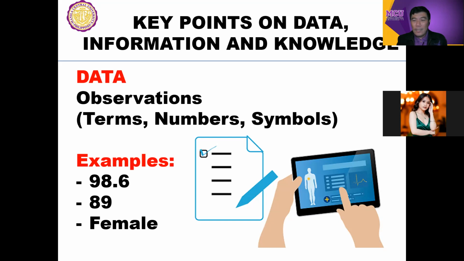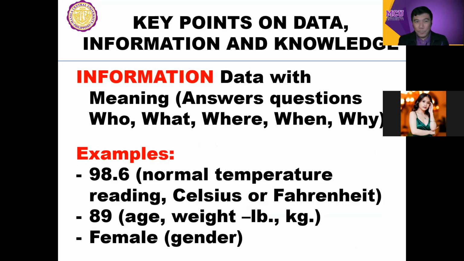When it comes to information, it is data with meaning. As I mentioned earlier, 98.6 is the normal temperature reading. 89 could be age, because it matters. 98.6 is the normal reference temperature reading in degrees Fahrenheit. The 89 is considered as age and female as gender.